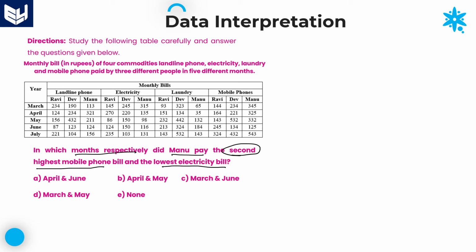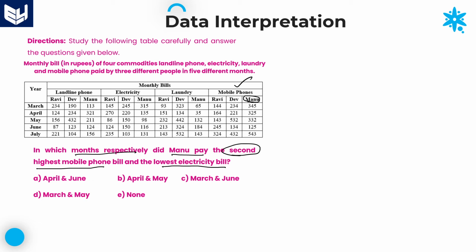Manu pays, we are talking about Manu, that is the third person. Second highest mobile phone, that is this one. What is the second highest value?